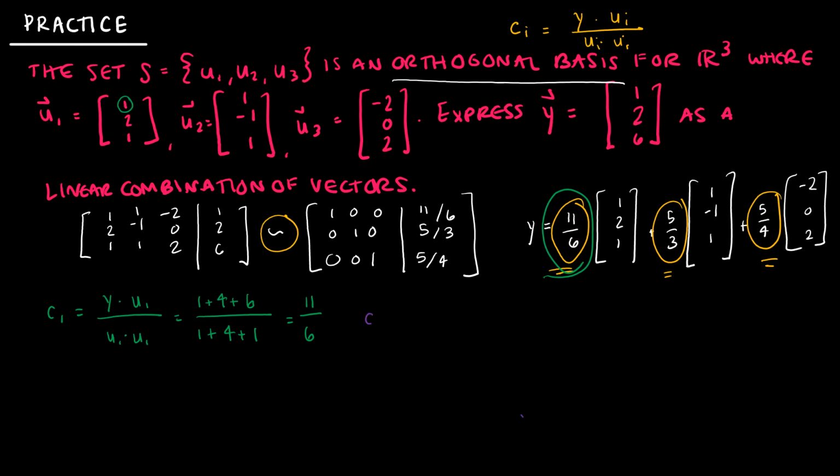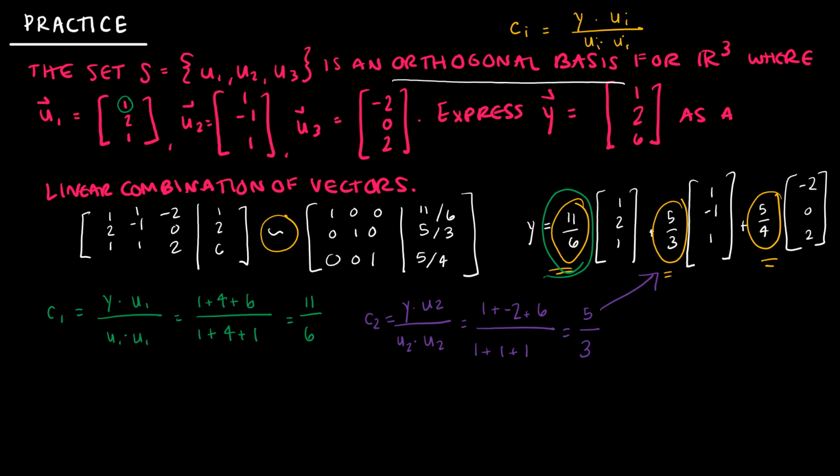So now let's do C2. C2 would be y dot u2 over u2 dot u2. So y dot u2 would be 1 times 1 plus negative 1 times 2 plus 1 times 6, and u2 dot u2 would be 1 plus negative 1 squared plus 1. And that gives me 5 over 3, which matches.